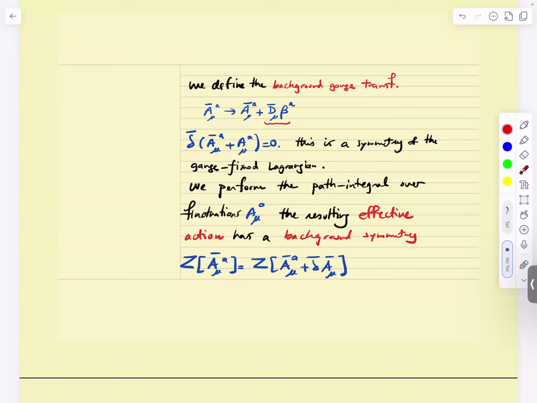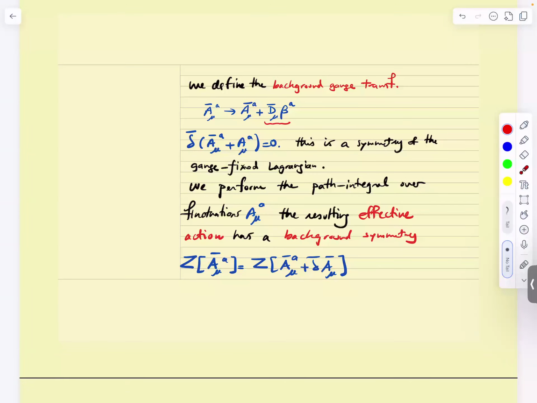If you do a gauge transformation of your background gauge fields, you still have the same electric and magnetic background fields. So if you took the action, as I did, and split the gauge field into some background gauge field and some fluctuation, and you did the path integral over the fluctuations, the final result is going to be a functional of the background gauge field. But that functional, of course, is not quite physical yet because it has redundancies.